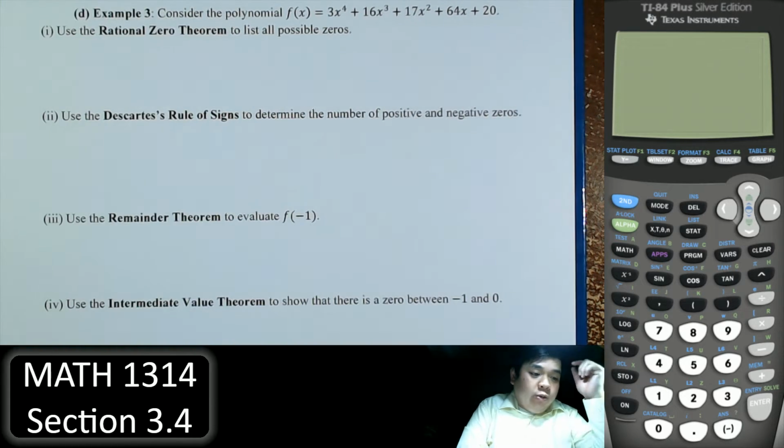Now we're trying to solve for this polynomial and find all the zeros. Use the rational zero theorem to list all the possible zeros.